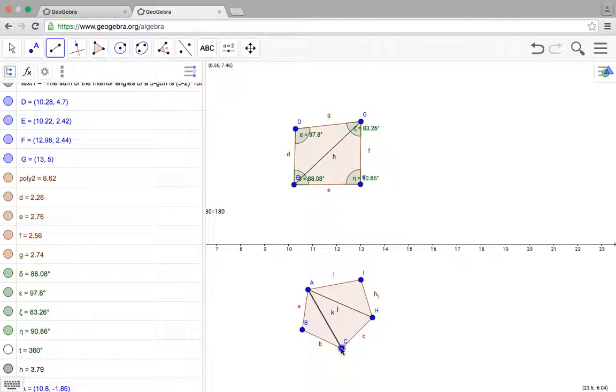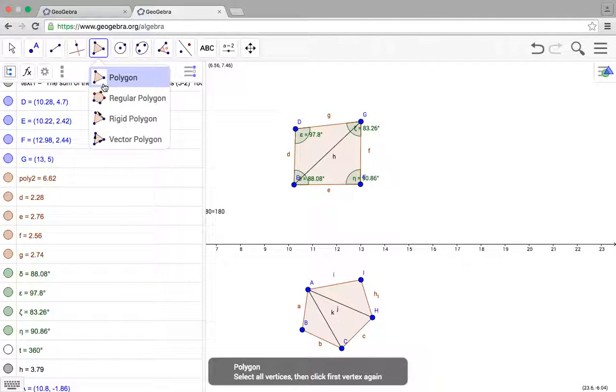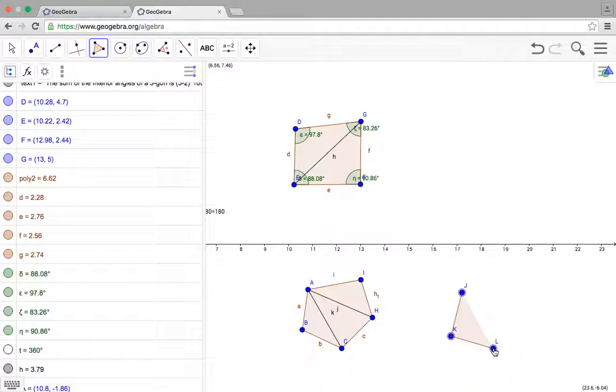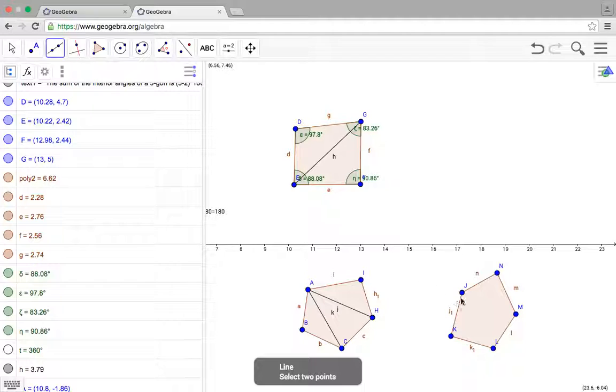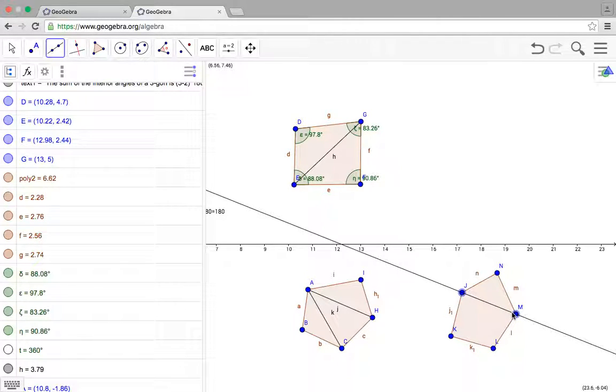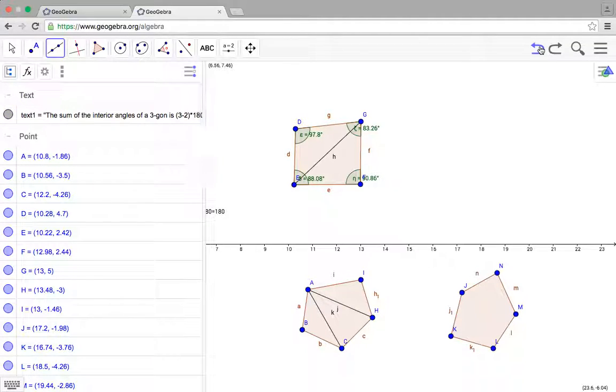Or you could divide your pentagon. Oh, let's just create a new one. Let's say we have this pentagon. It looks like this. We could divide it into a triangle and a four-gon. I'm sorry, I should not have picked a line there. I should have picked line segment. Let me go back one.